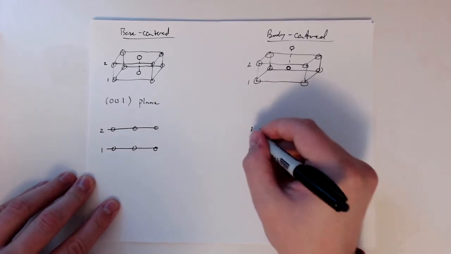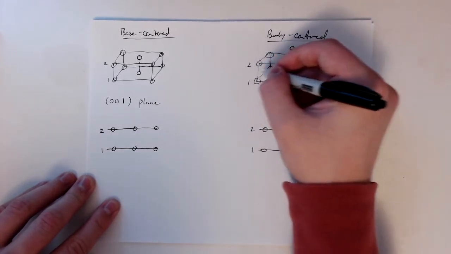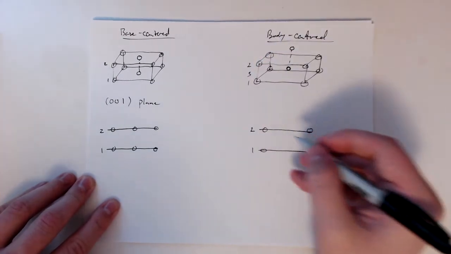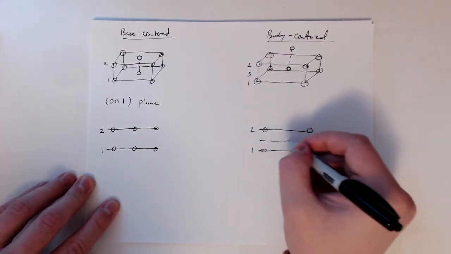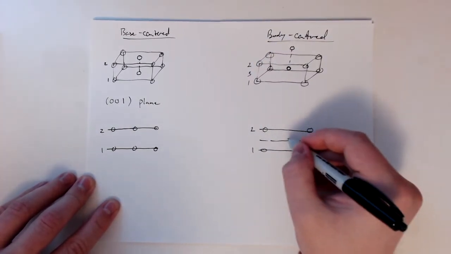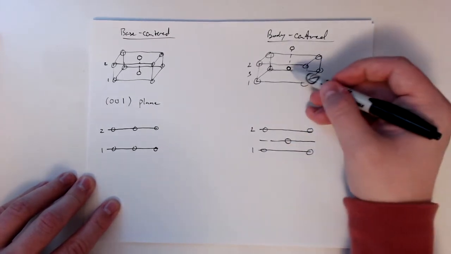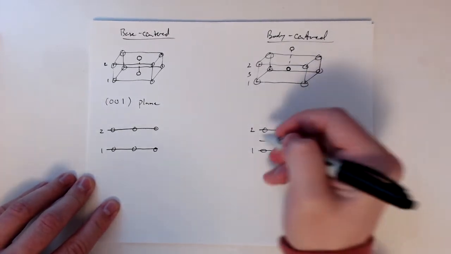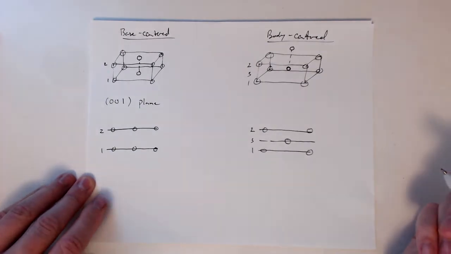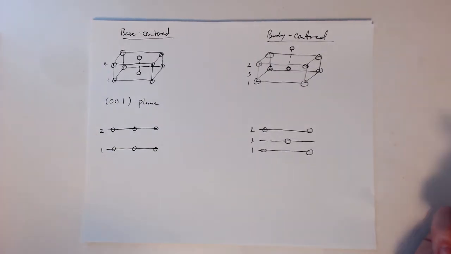So these are 1 and 2. But then we have this one right in the middle. So I can call that 3 if I want. Doesn't really matter what I call it. But basically I have a mid-plane. It's halfway in between where this atom is located. So this is 3. So I already have some differences there.